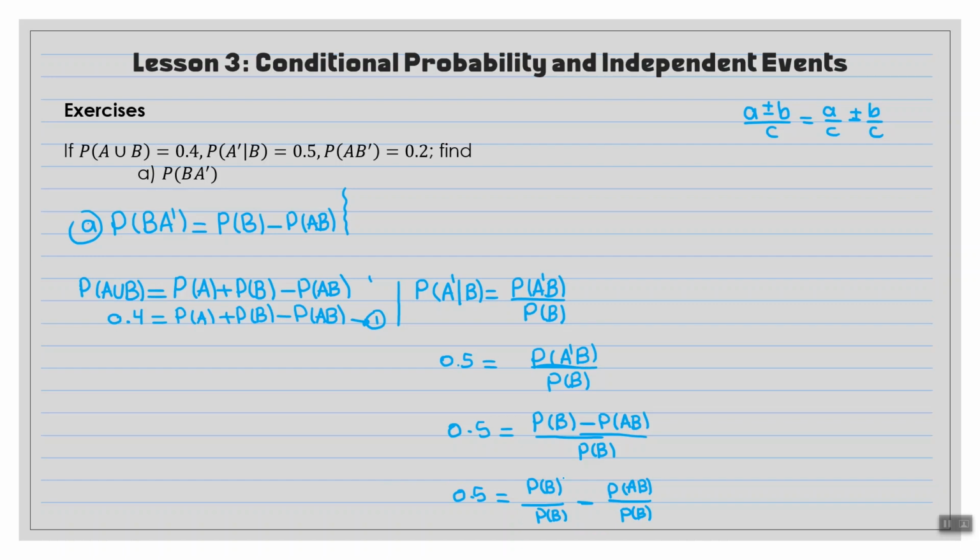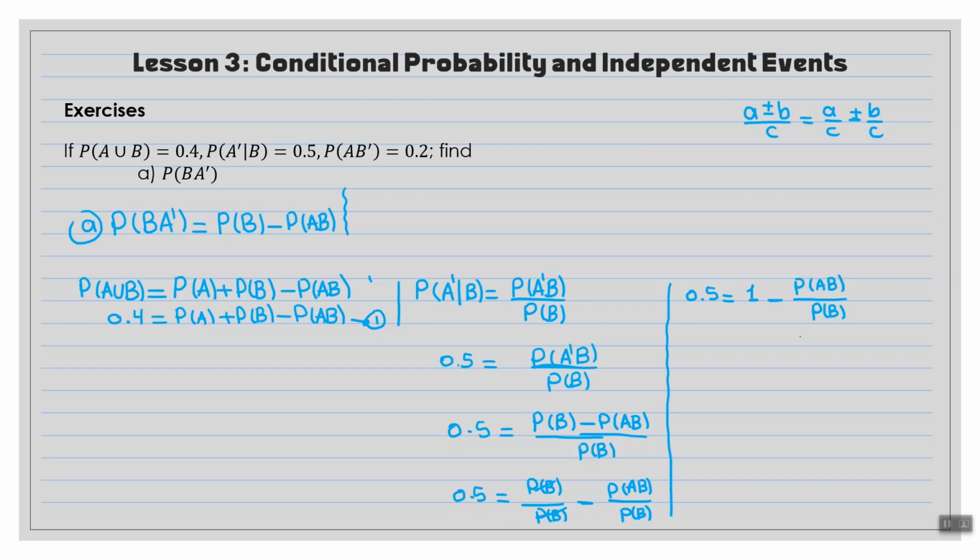We can cancel now these two. So we will get that 0.5 is equal to 1, because we cancelled something with itself, minus the probability of AB over the probability of B.